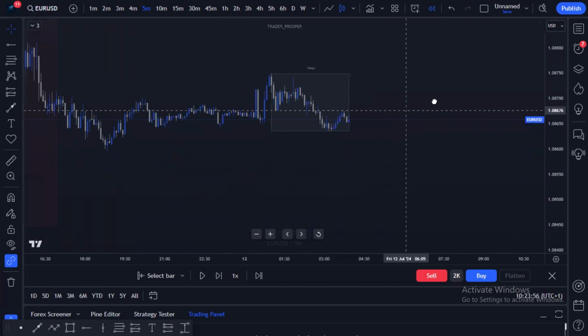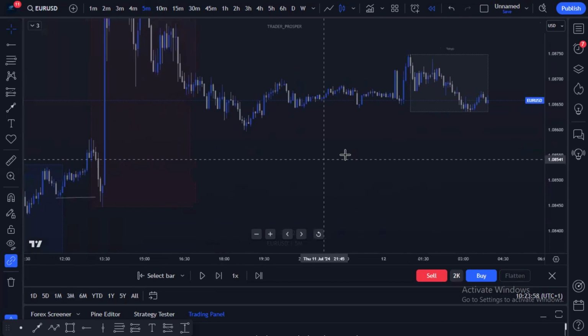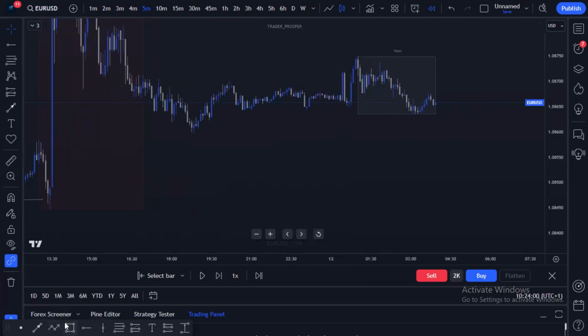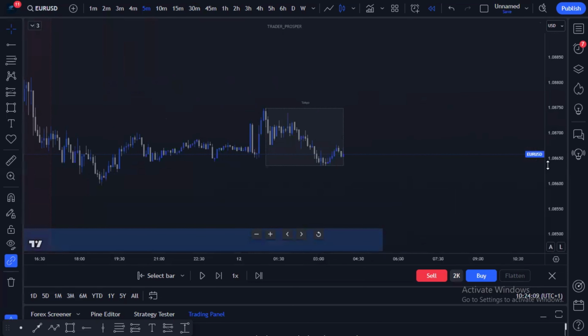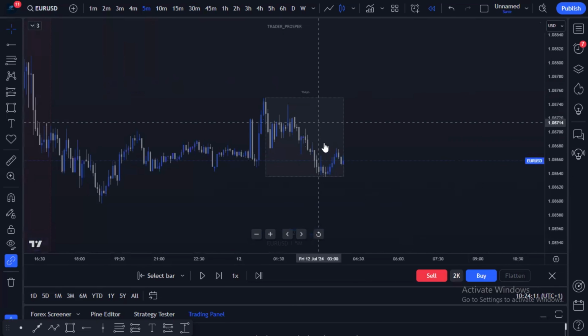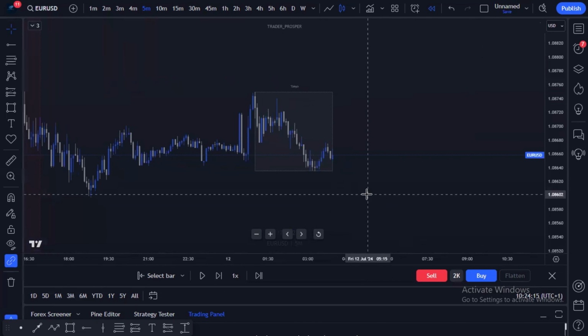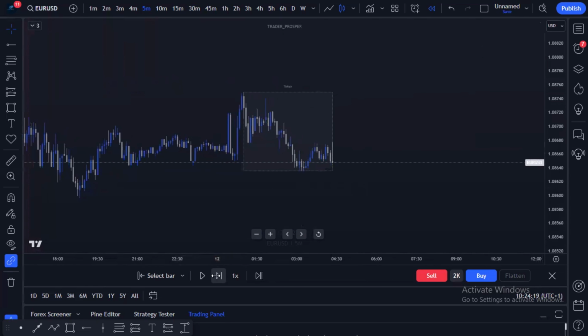So what I want to be looking at at this point is either price getting into this and validating this order block that will form there, or I want to see price sweep the low that was created during the Asian session range.